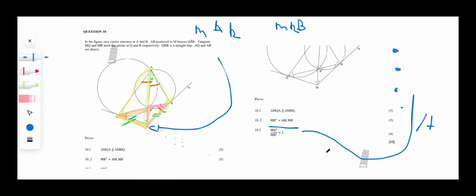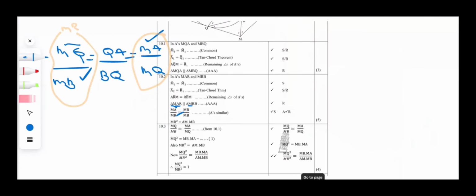And in question 10.1, we wrote down our ratios that we were able to construct as a consequence of proving that two triangles were similar to each other. And so we had MQ over MB and MA over MQ. So we select these two fractions, which include MQ squared, and MQ squared is a part of the ratio that we are attempting to prove.